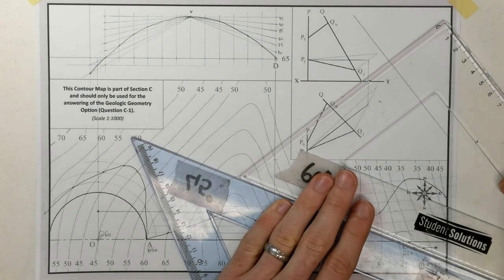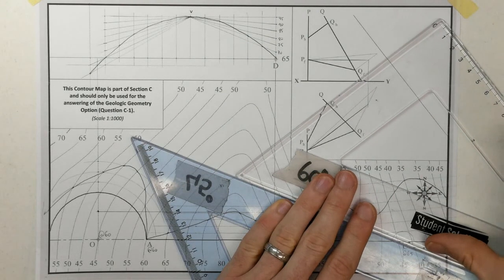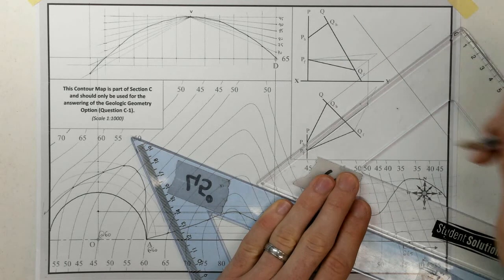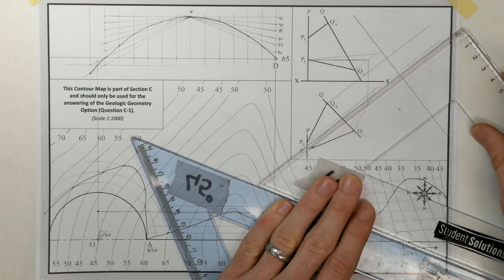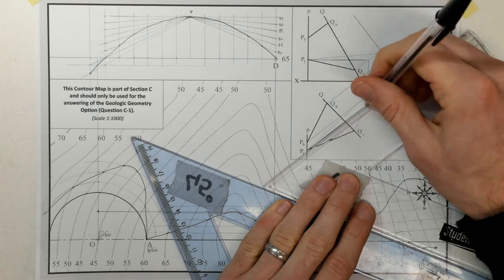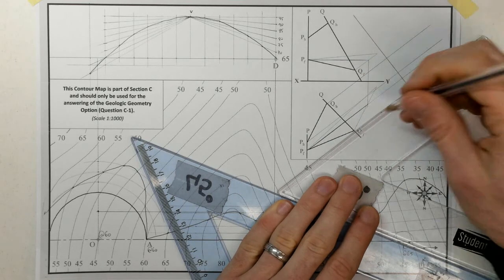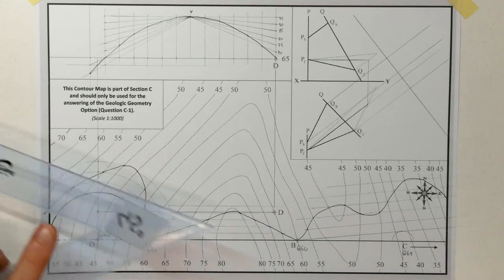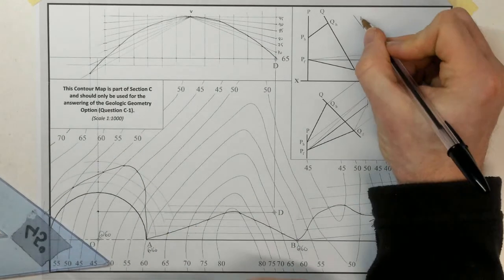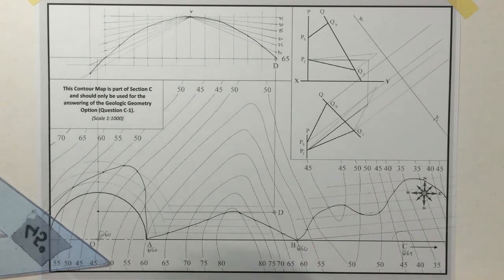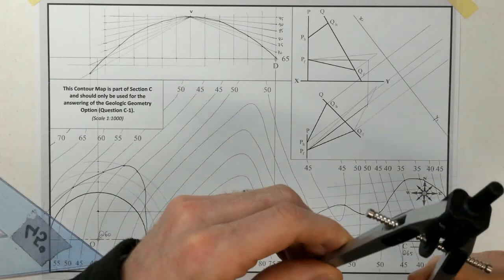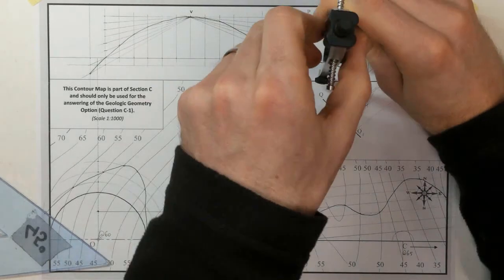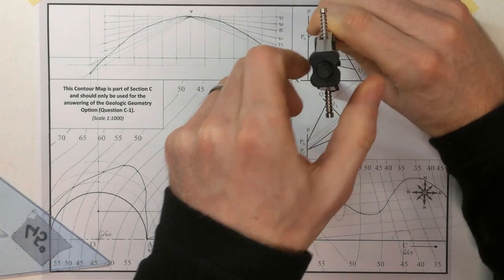Okay, we'll project up QH, PH, PF, QF. Okay, so this is an auxiliary elevation, so X1, Y1. We take our heights from our elevation. So start here with QH down to our XY line.